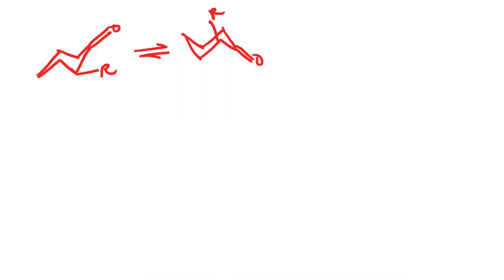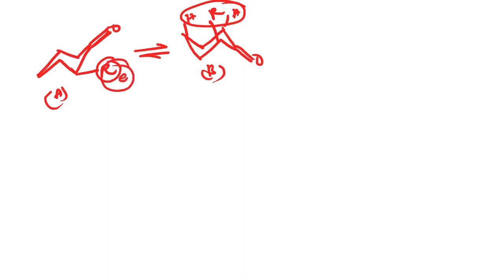Which one is the most stable? Simply we can go with A, because here the diaxial interactions are nil, whereas in the other you can see the diaxial interactions.